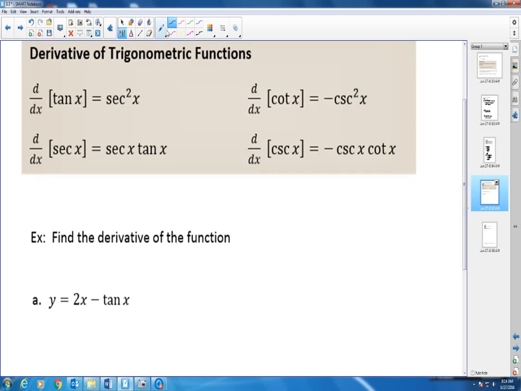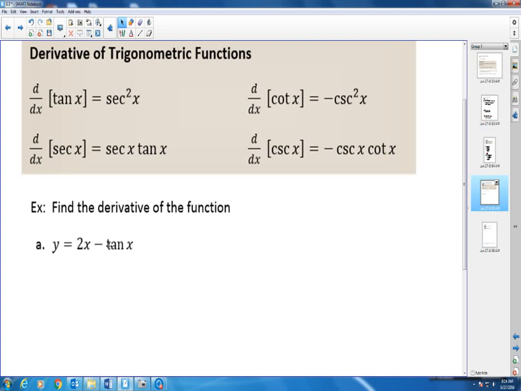Alright, so let's give a try. I'm going to leave this up here so we can see it. Difference of two functions here. So if I want to take a derivative, my 2x is 2. Derivative of a tangent is secant squared x, so that'll be minus secant squared x.